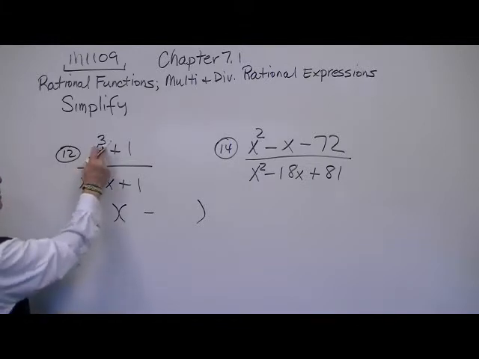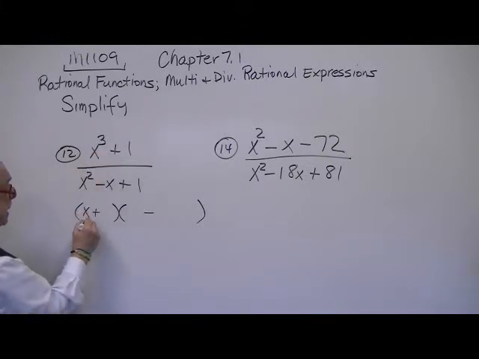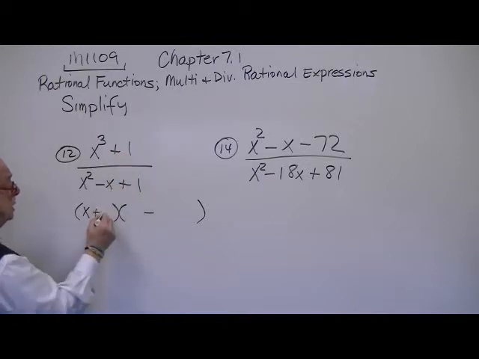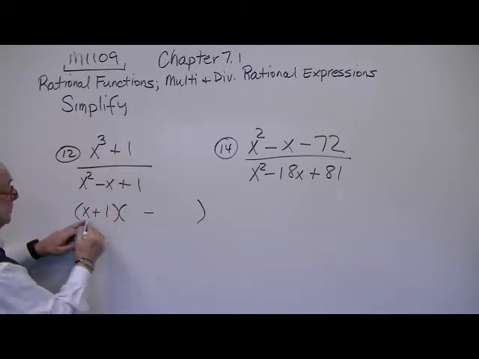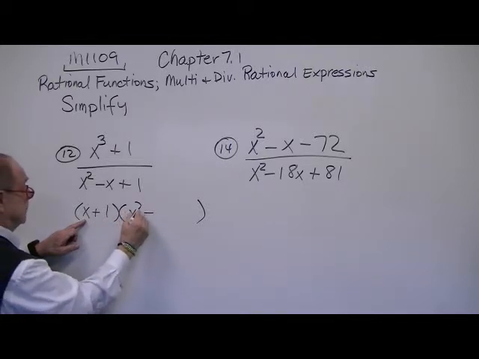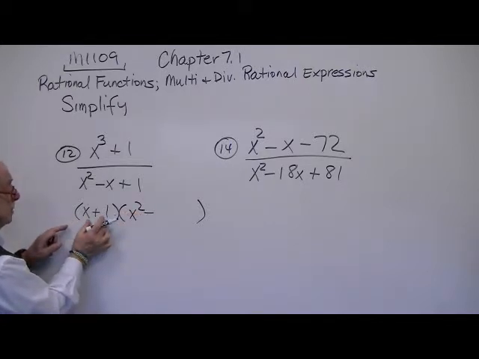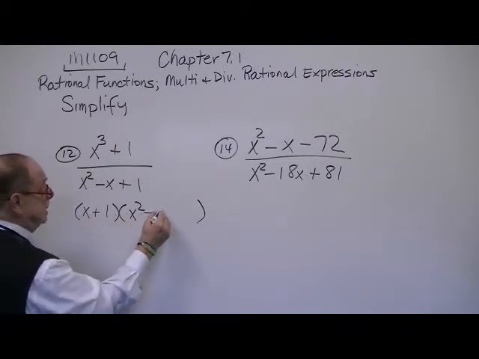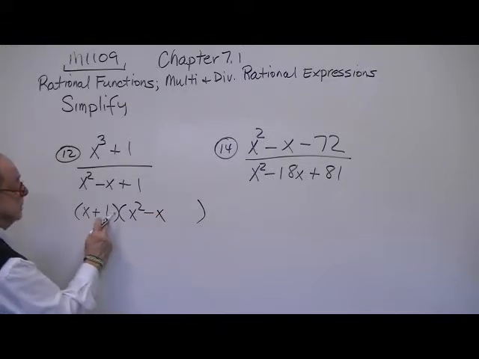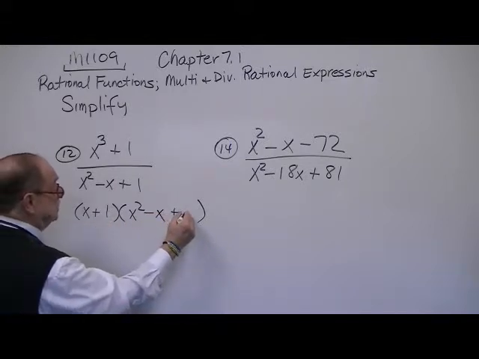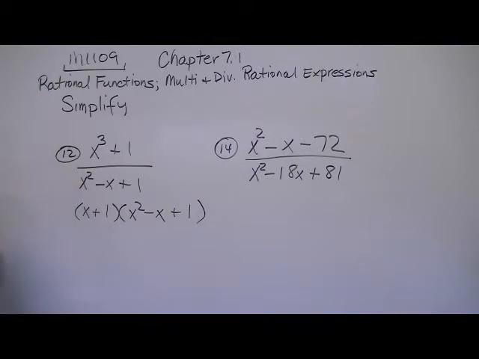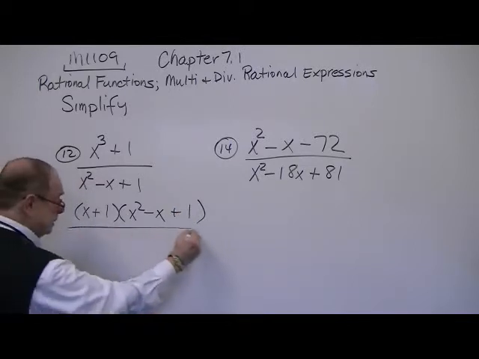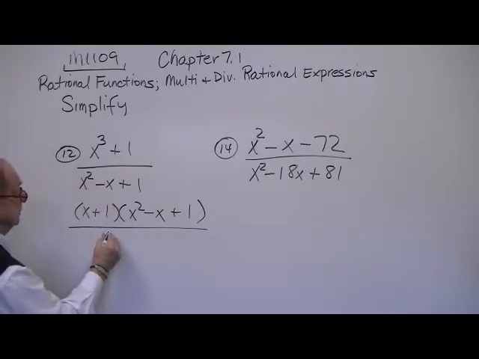The cube root of x to the third is x. The cube root of 1 is 1. And now we square this first term. Multiply these terms together, disregarding the sign, because we already have our sign. This is an x. Square this term, and this becomes a 1. Now again, it's over what we have here.